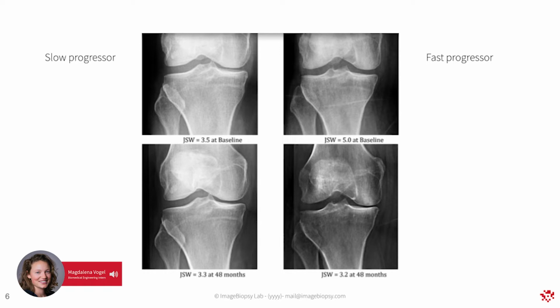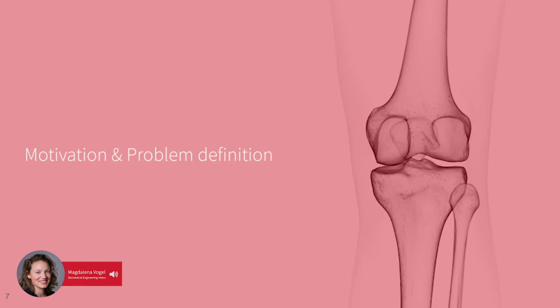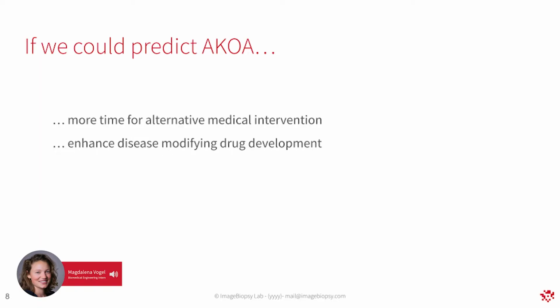As we can see on the baseline images, there's no big difference between the slow and the fast progressors. Even the fast progressor has a bigger joint space width at the beginning than the slow progressor. So here's the problem, that we are not able to define or predict this yet.